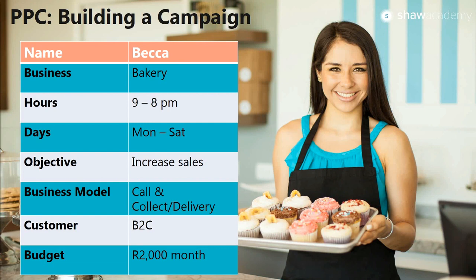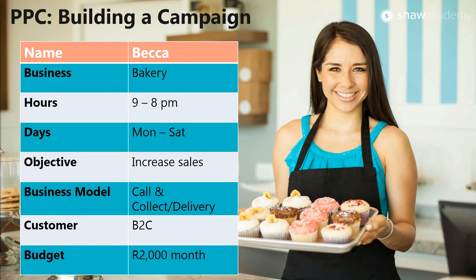She closes on Sunday for a bit of rest, okay? And the thing she wants to do with this ad campaign, she wants to increase her sales, okay? Because she's done a bit of advertising, but it hasn't really worked too well for her to this point, okay? Because she doesn't really know what she's doing, okay?